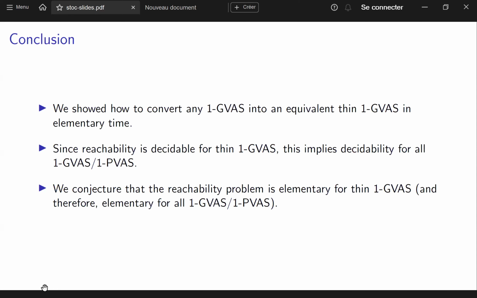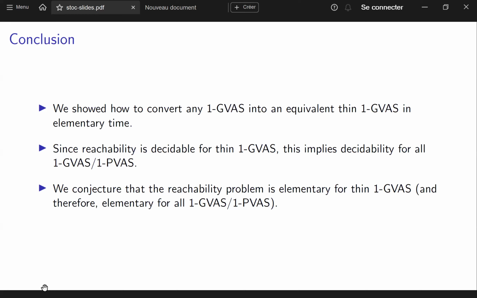So in conclusion, we showed how to convert in elementary time an arbitrary one-dimensional grammar VAS into an equivalent one with only fin production rules. Since it was previously shown that the reachability problem is decidable for fin grammar VAS, we get decidability for all one-dimensional grammar VAS, and also for one-dimensional pushdown VAS, because from a pushdown VAS one can easily compute an equivalent grammar VAS of same size.